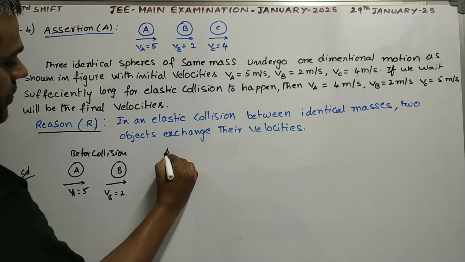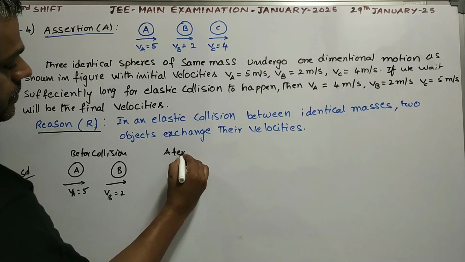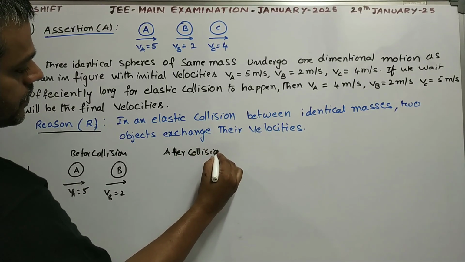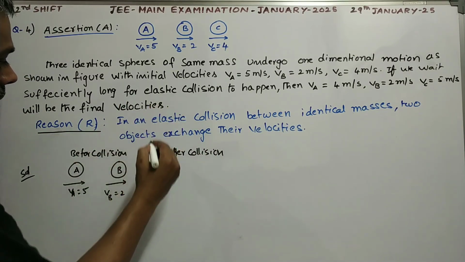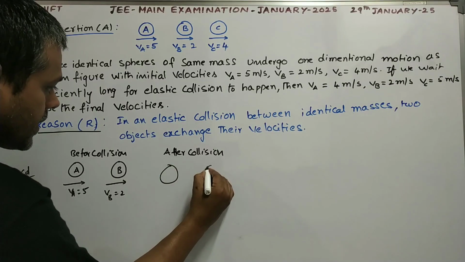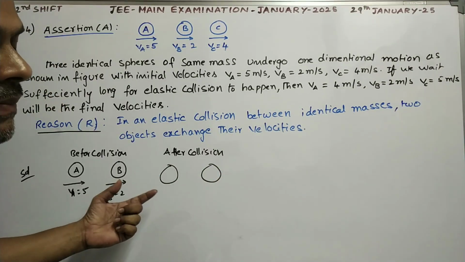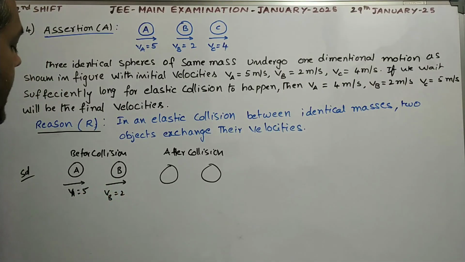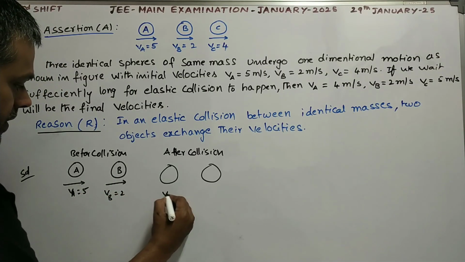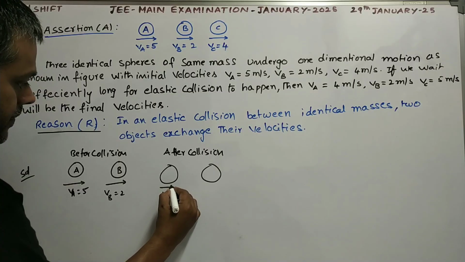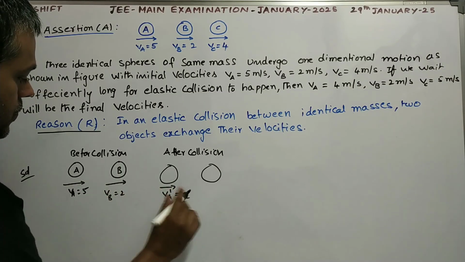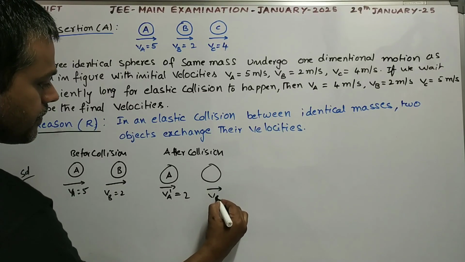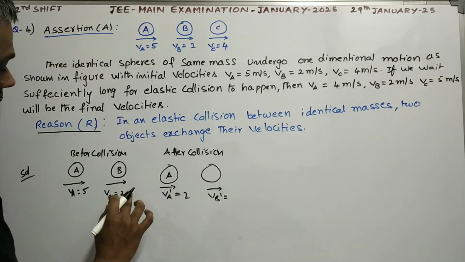Next, after collision. According to elastic collision concepts, when identical masses participate in one-dimensional elastic collision, their velocities are exchanged. So after collision, velocity of A is equal to 2 after exchange, and velocity of B is equal to 5.